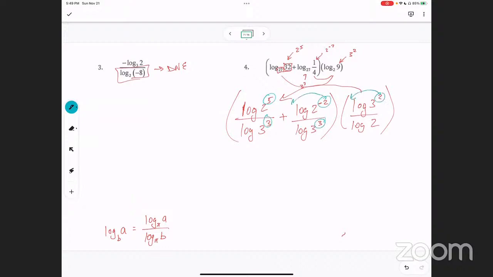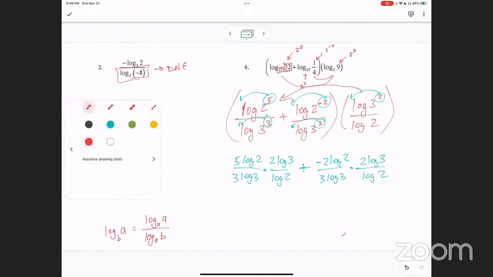So really what I have is 5 log of 2 over 3 log of 3 times 2 log of 3 over log of 2, plus negative 2 log of 2 over 3 log of 3 times 2 log of 3 over log of 2.